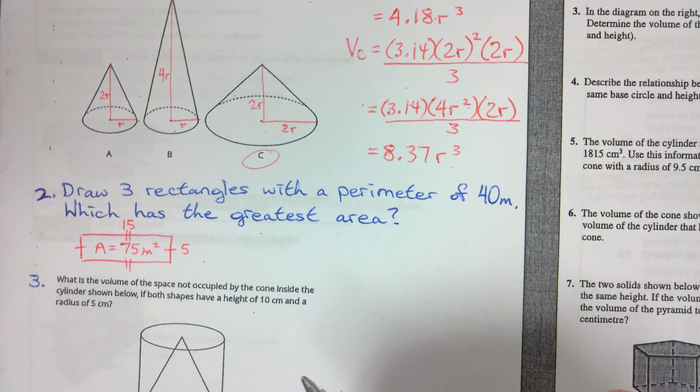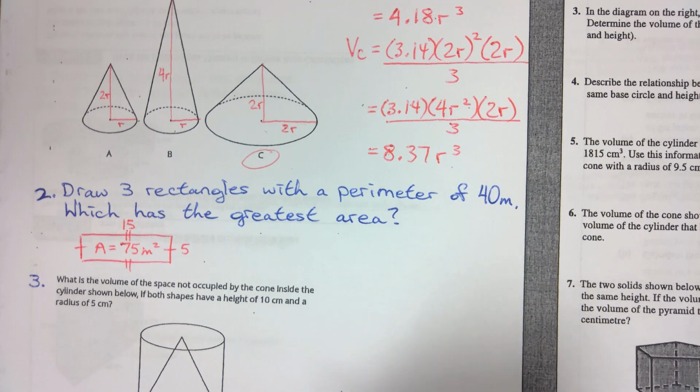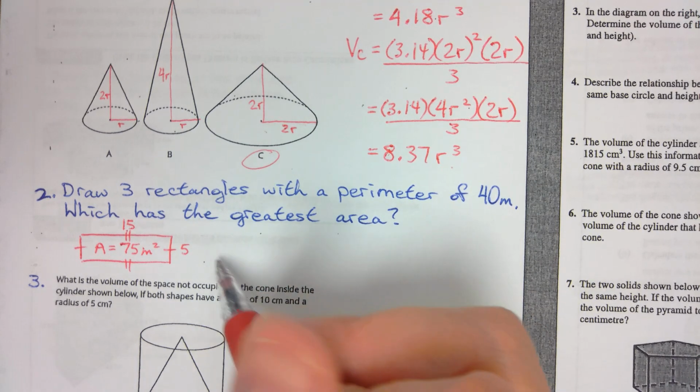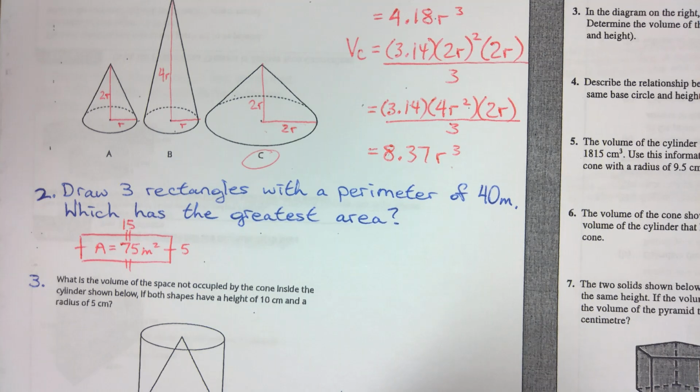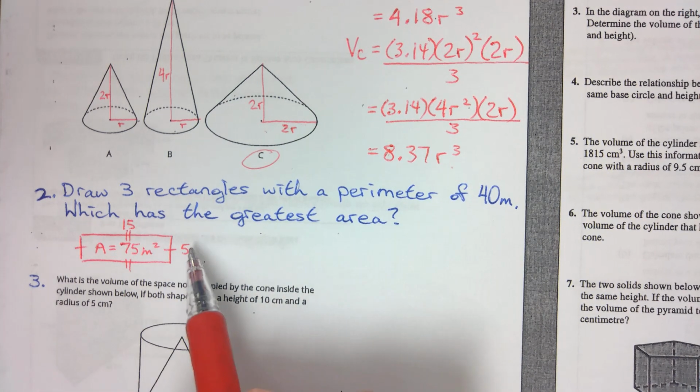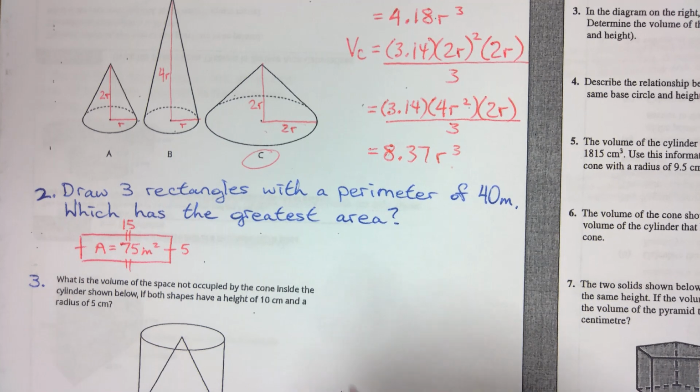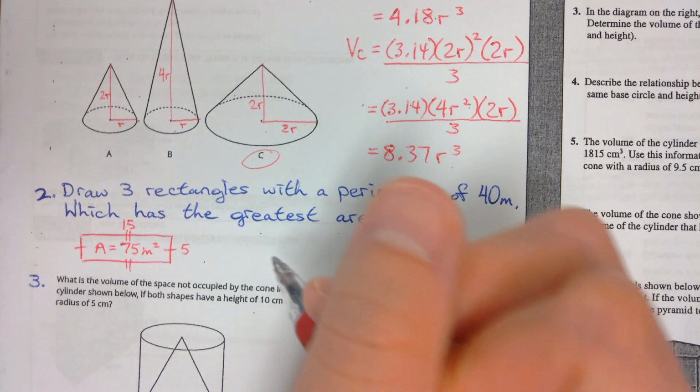All right, somebody give me another one. Jayan, you want to give me another one now, or you want to pay attention? Another rectangle. So Brian came up with one. 15 plus 5 plus 15 plus 5. Okay, I'll come back to you. Stefan, give me the next one. 13 and 7.